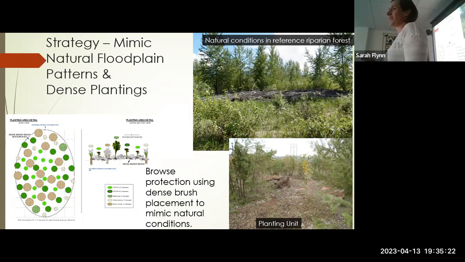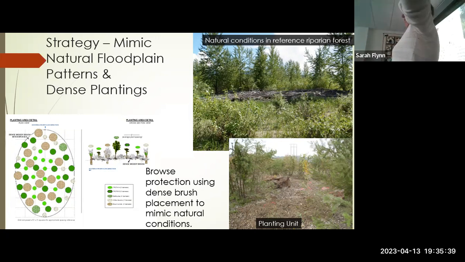And this illustration in the corner is what we call a cluster planting. What we do is we take brush that's just cut from trees, like limbs and branches, and plant those in the ground, which is what these are. They're not actual plants that are planted. It's just conifer branches that still have needles on them.